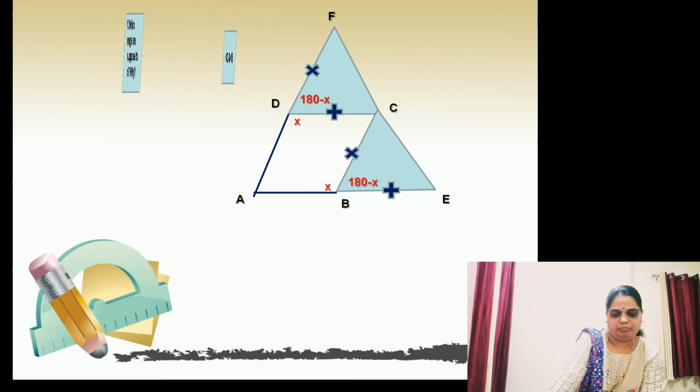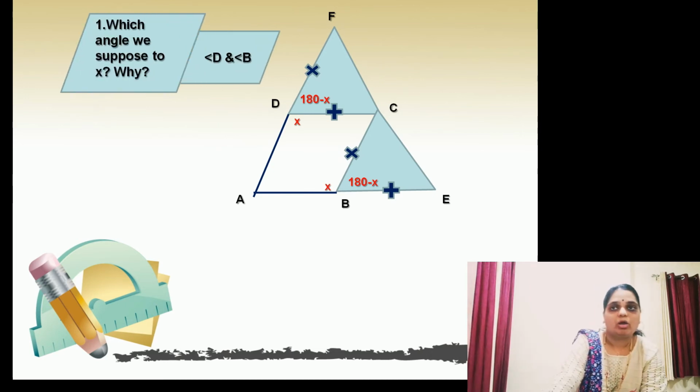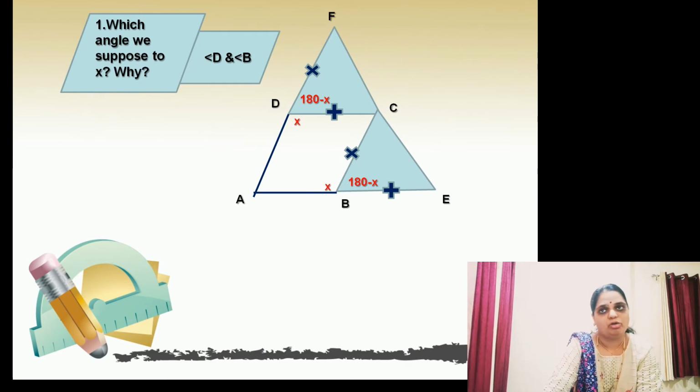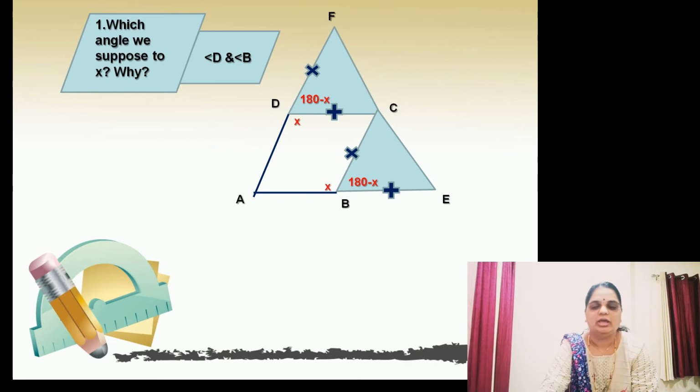Quadrilateral ABCD has another property: opposite sides are congruent and also opposite angles are congruent. Suppose angle ABC is x degrees, and angle ADC is also x degrees.